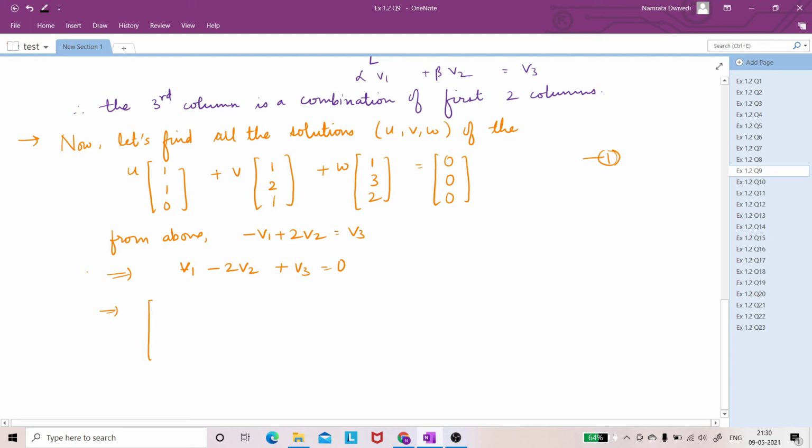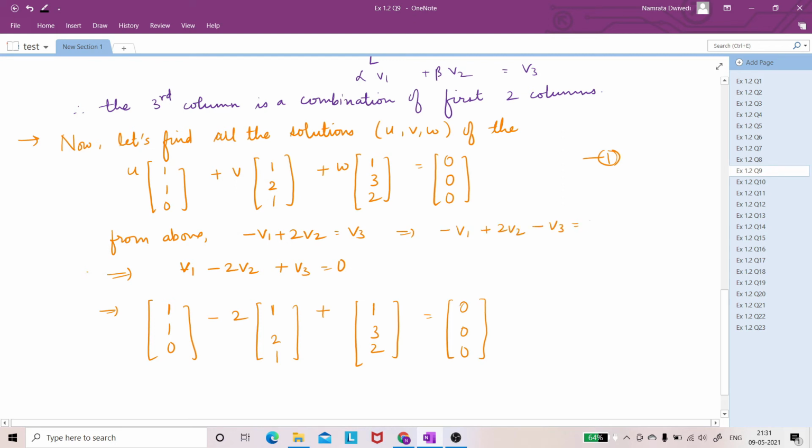So this would imply V1, (1, 1, 0), minus 2 times (1, 2, 1), plus V3, (1, 3, 2), equals 0. Am I right? Here we simply wrote it as this.